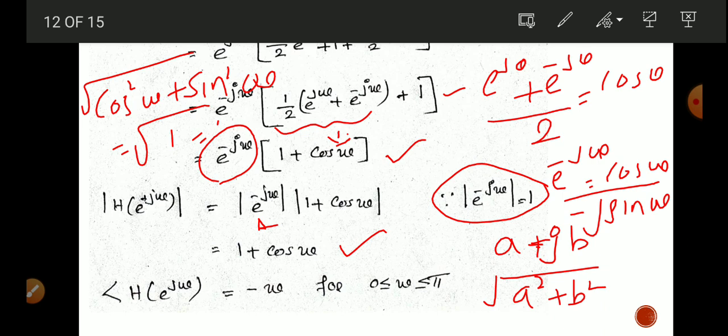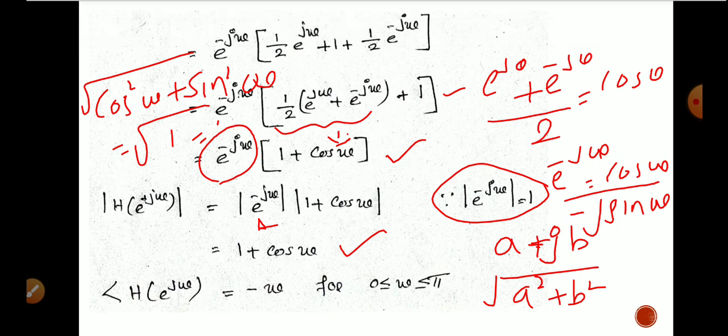This angle h of e raised to j omega equals minus omega for omega from 0 to pi. Here the angle is taken from the e raised to minus j omega term.